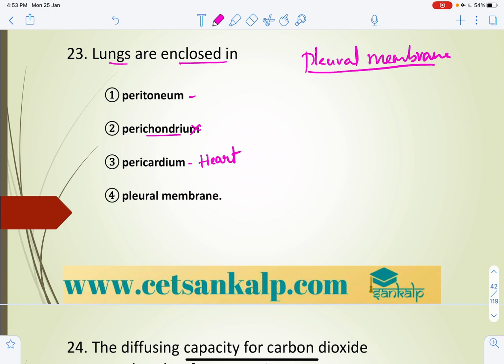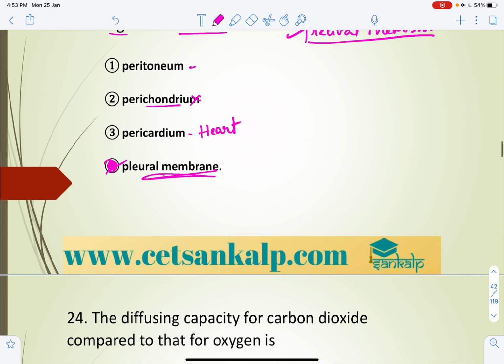The pleural membrane is the double walled sac-like structure. So lungs are enclosed in the pleural membrane.